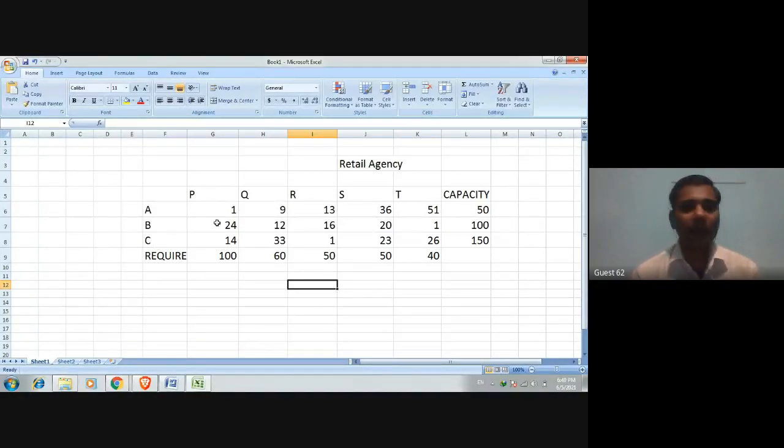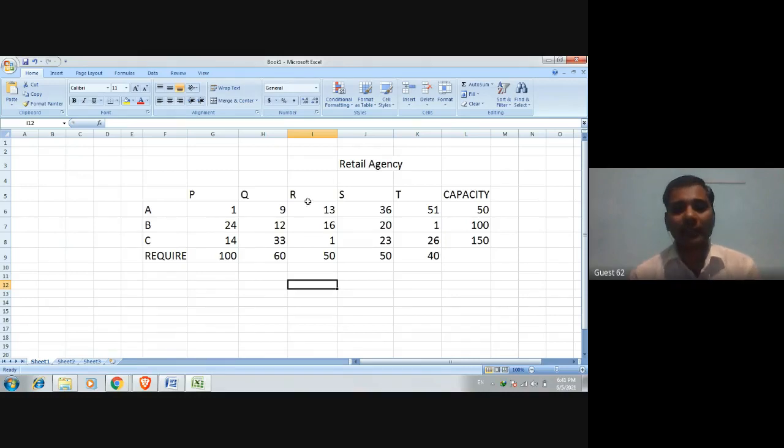So the requirement of retail agency P is 100 units. The requirement of retail agency Q is 60 units, and the requirement of retail agency R is 50 units. The requirement of retail agency S is 50 units, and the requirement of agency T is 40 units.